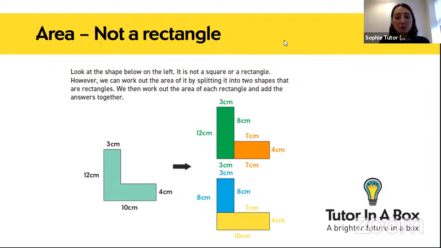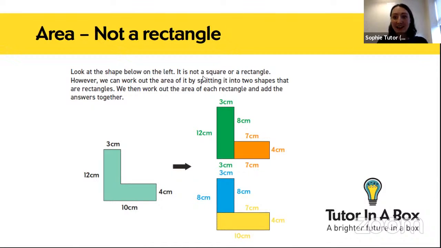So for the first one, we've split it into a green and an orange part, okay? And then for each of that green part and the orange part, we can then work out the area. Or if we look down here, we could use the blue and the yellow part, and we can split again into 2 different rectangles, and then we'd work out the area of the blue one and the area of the yellow one, okay?